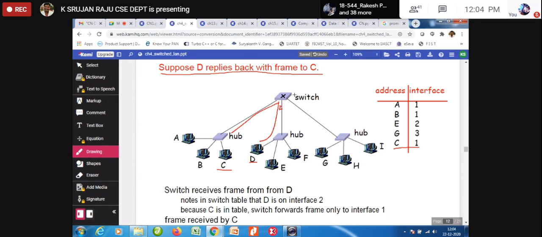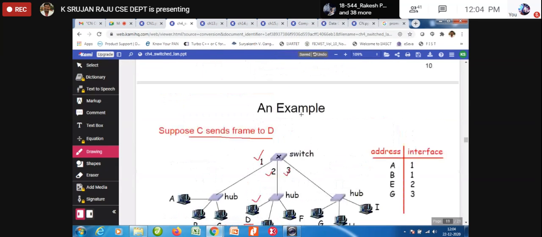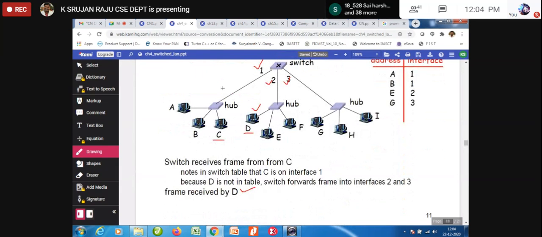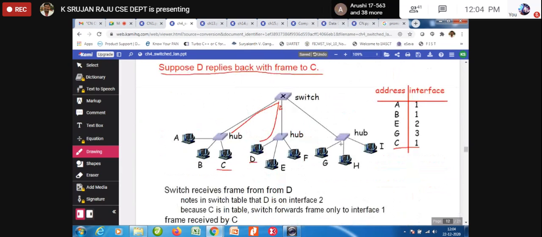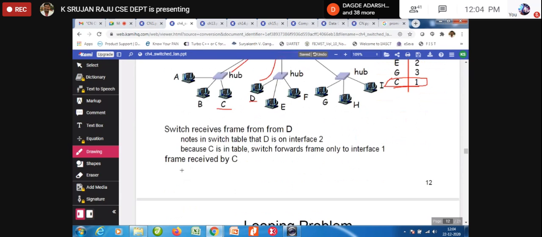Previously it sent to 2 and 3, even though the destination was not there. But now, when the reply comes, it forwards only accordingly. So the frame is received by C over here.